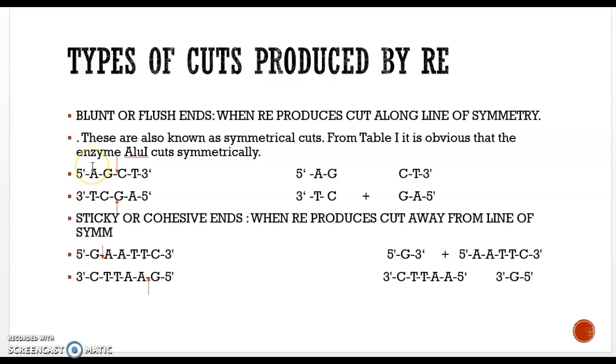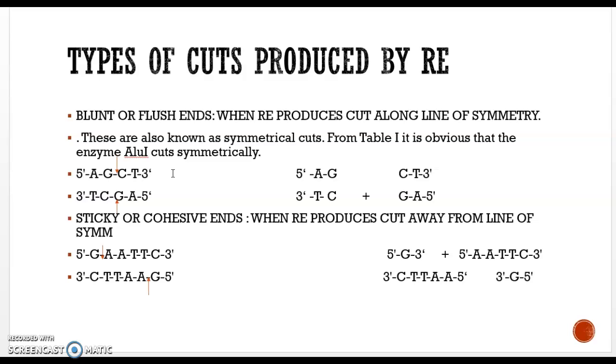Now we have studied the types of restriction enzymes. There are restriction enzymes which can produce different types of cuts. We know that restriction enzymes recognize a sequence which is 4 to 8 base pairs, and they produce cuts in the palindromic sequences.